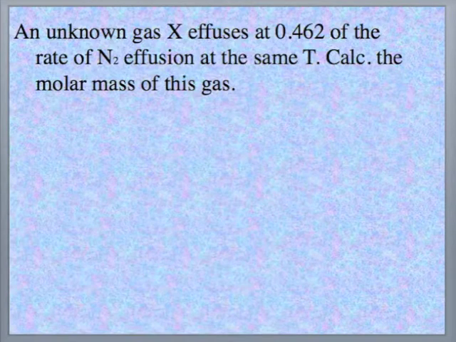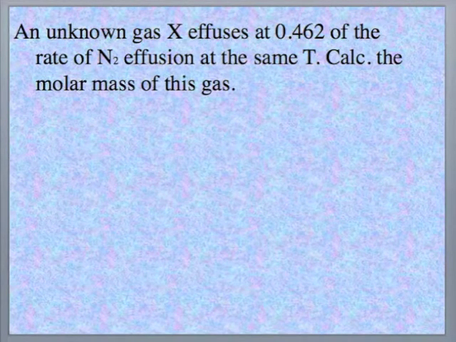An unknown gas X effuses at 0.462 of the rate of nitrogen gas at the same temperature. Calculate the molar mass of this gas. Well, the first thing we want to do is read the problem and convert that into some kind of mathematical expression.